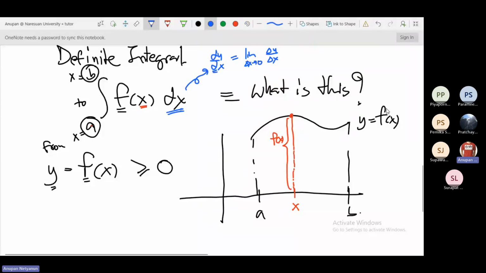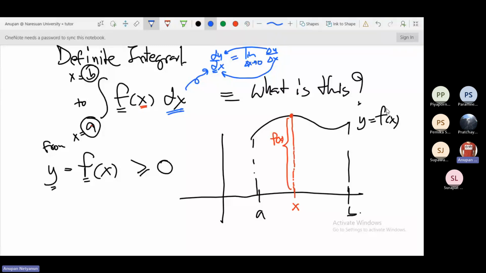What I'm trying to conclude is that when delta x approaches 0, it's very, very small, which makes delta y become very small too. So it transforms into this notation, where instead of delta, when it's very, very small, it becomes d.